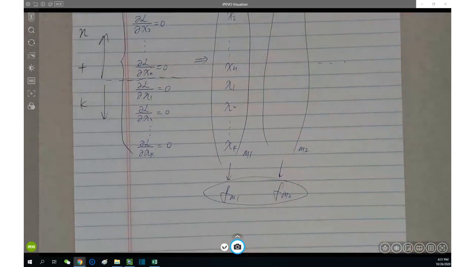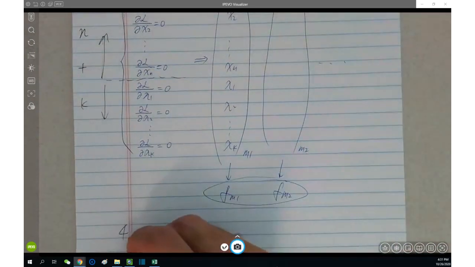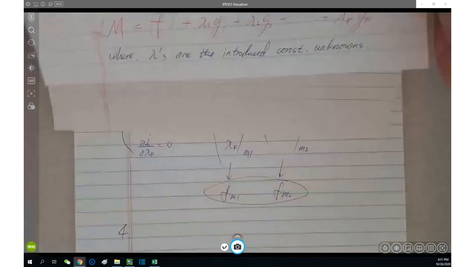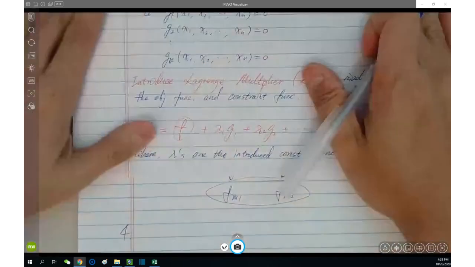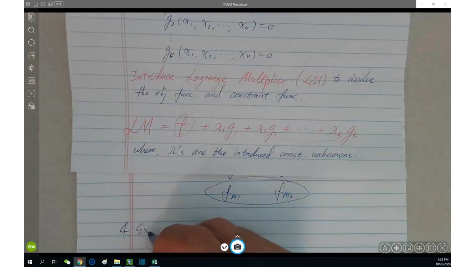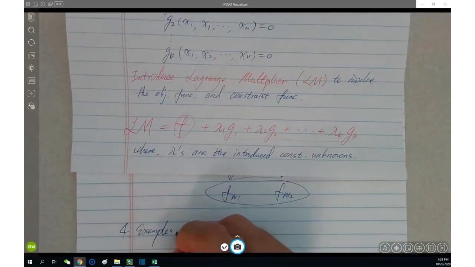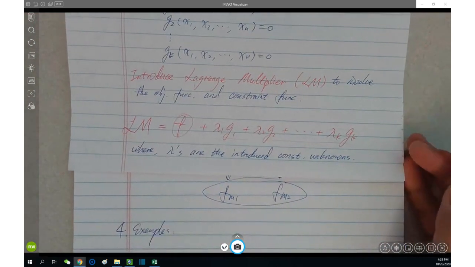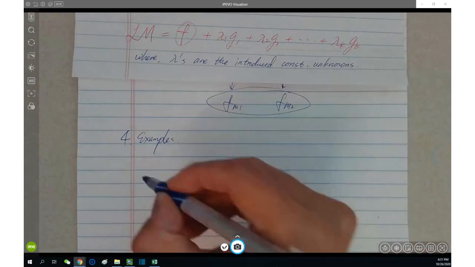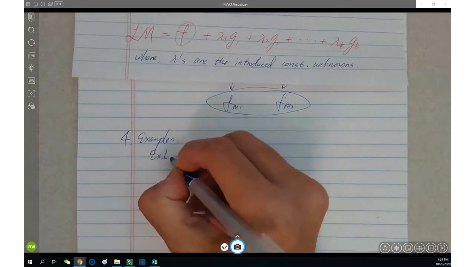Let's have an example. It's a purely mathematical example. Let's see how to use this method. So example 1.